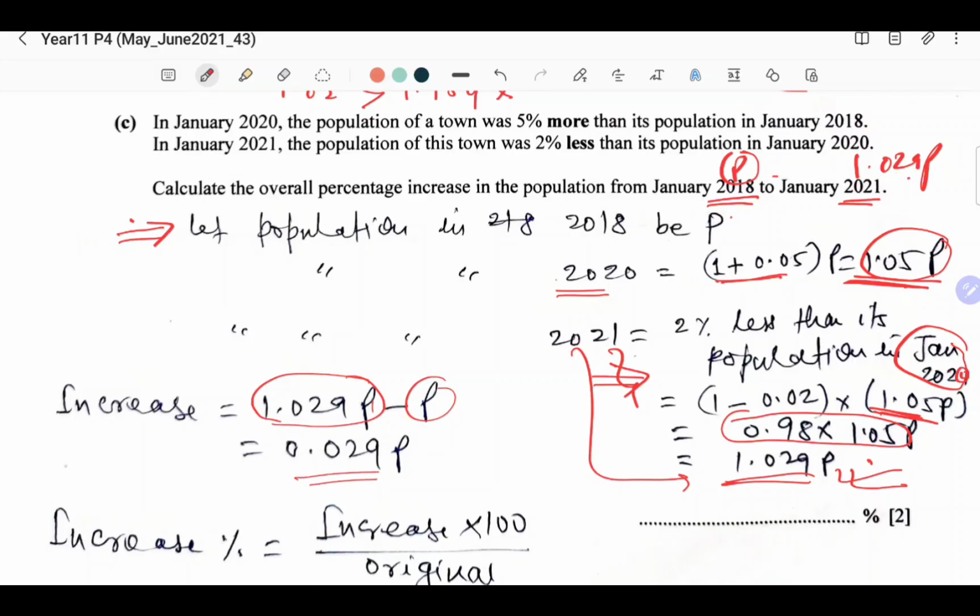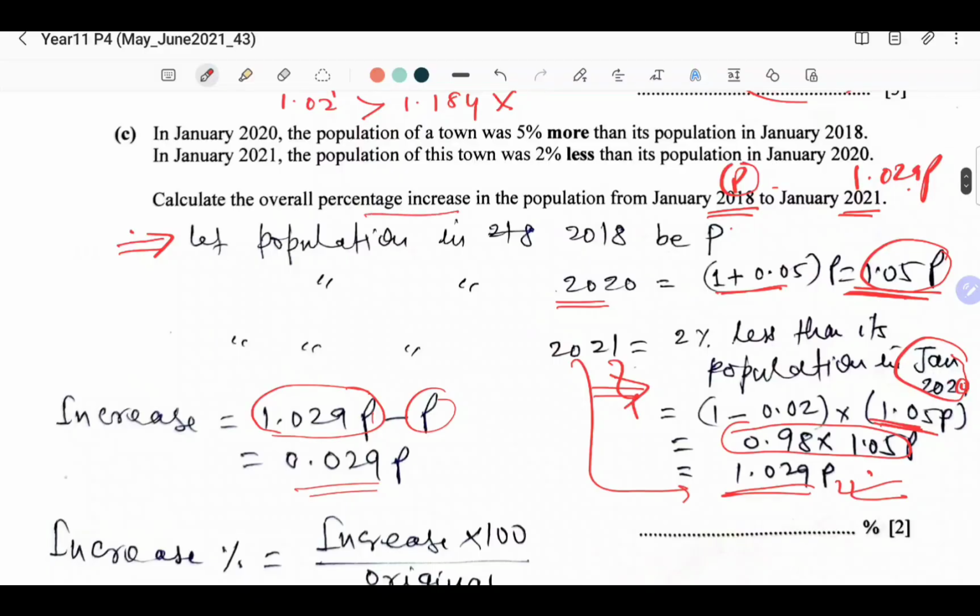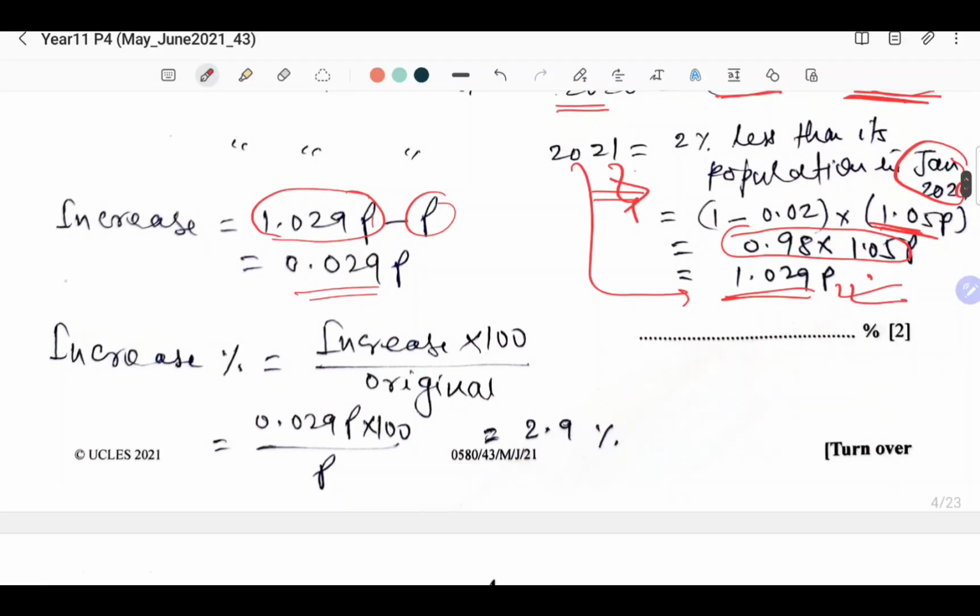So this is 0.029P. We have to check percentage increase. We know the formula: increase times 100 over original. So increase is 0.029P, then times 100, original was P. P and P cancel. 0.029 times 100, that is 2.9%.